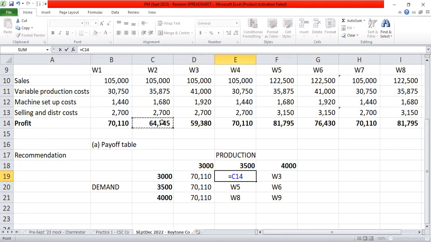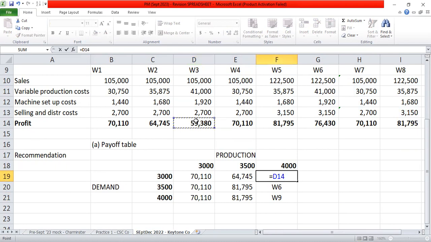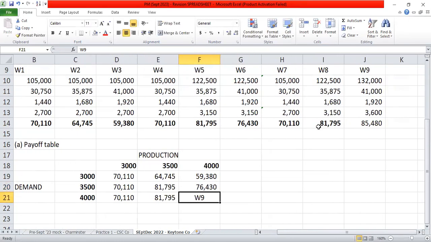Profit. Working 5. Profit. Working 8 profit, working 3 profit, working 6 profit, and working 9 profit.